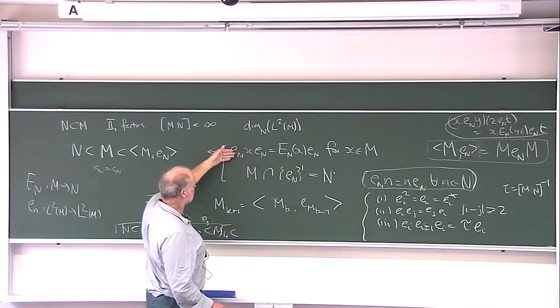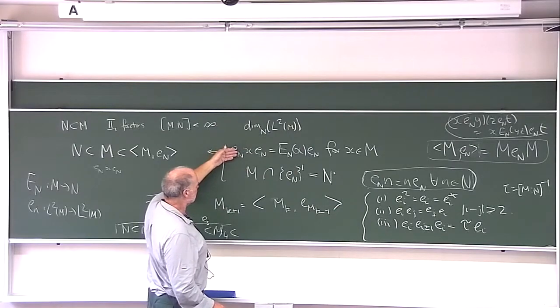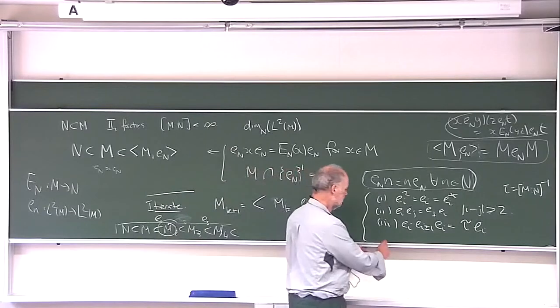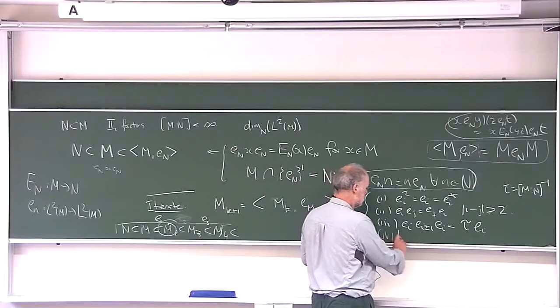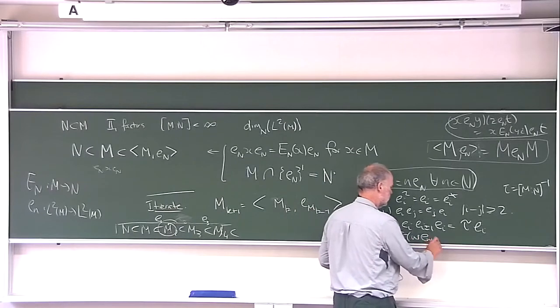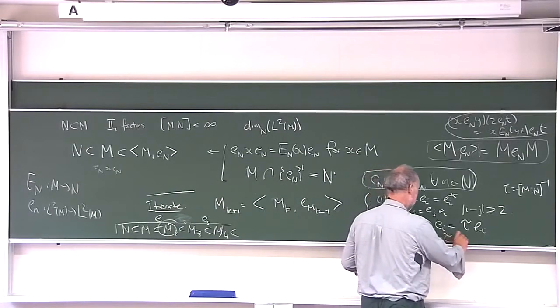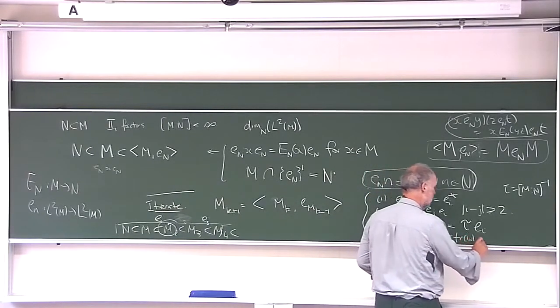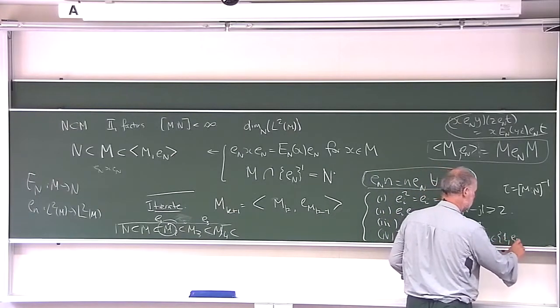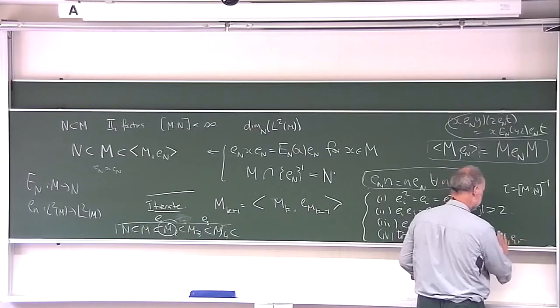This is E_i, this might be E_{i+1} E_i. Anyway, this is an exercise from these relations. And then the fourth property was this thing about the trace of the word: the trace of W E_{n+1} equals tau times the trace of W. There's a word.